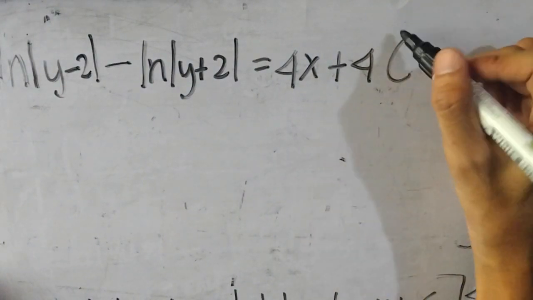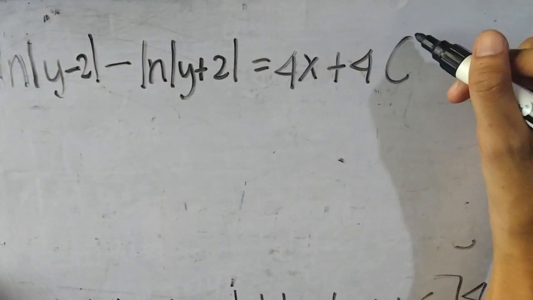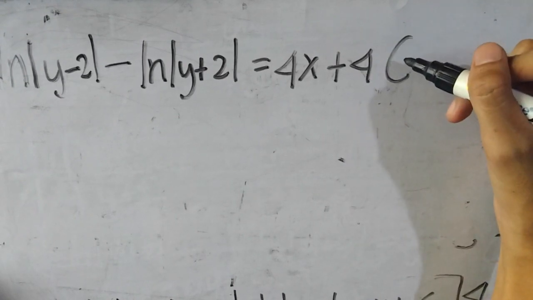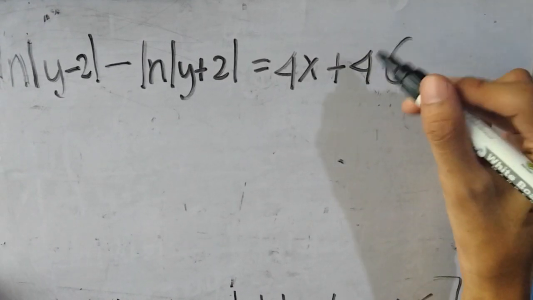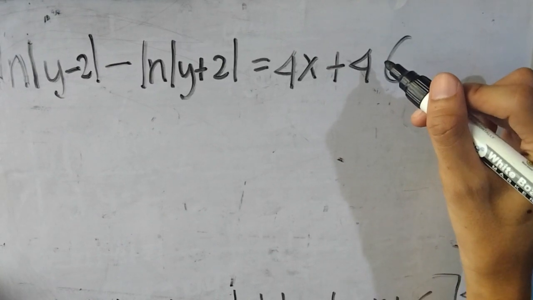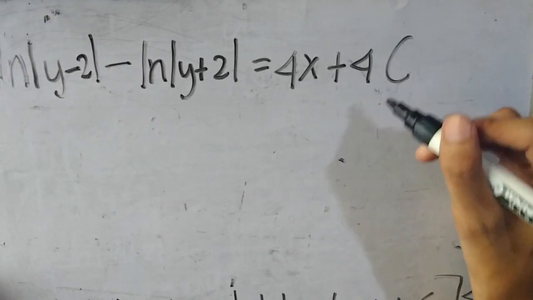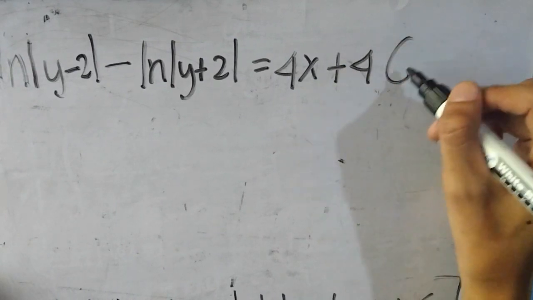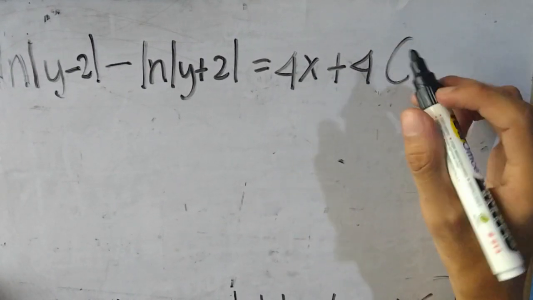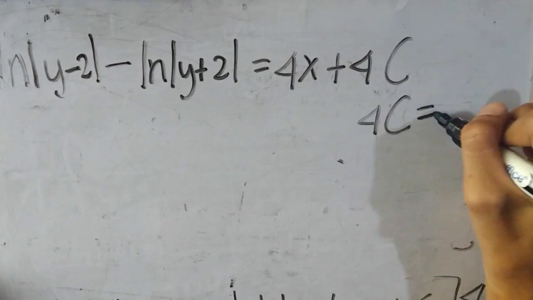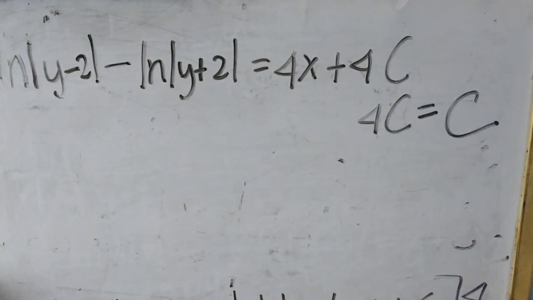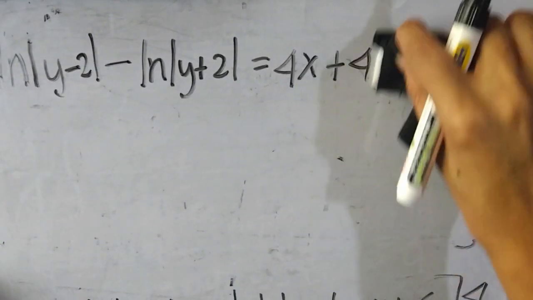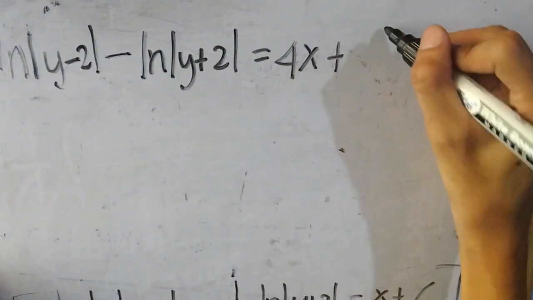So notice this is an arbitrary constant, and if you multiply it by 4, it is also a constant, so we don't have an exact value. So therefore, 4c is also equal to c. So we will erase this. So plus c.